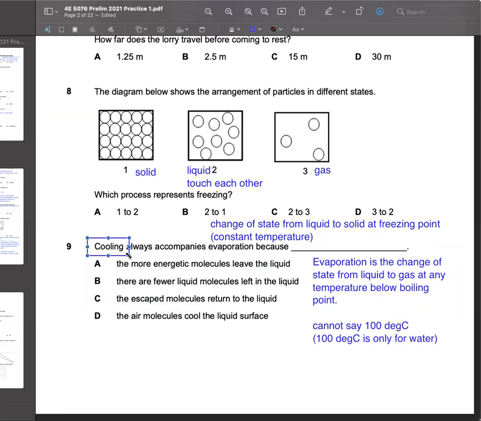Now, why is there a cooling effect? Why is there a cooling effect due to evaporation? Can you explain why?